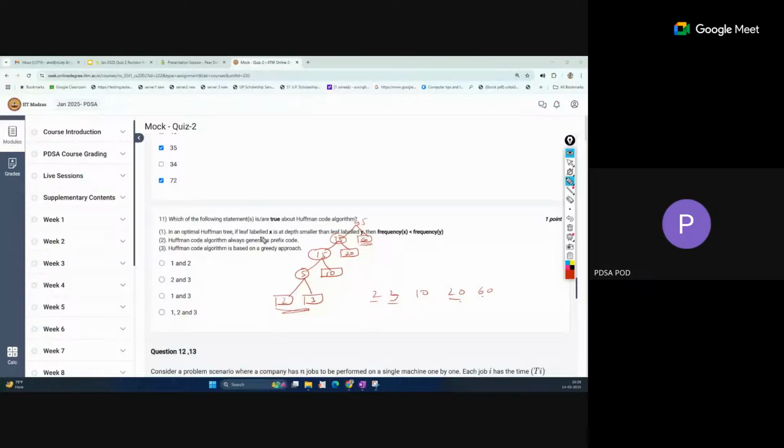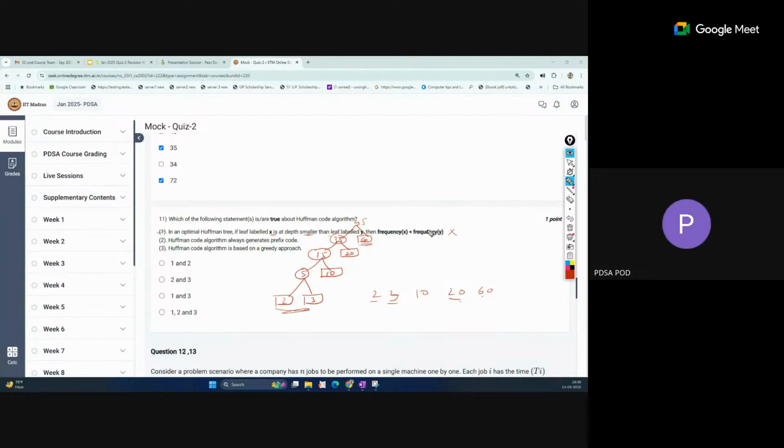So here you can see the first option: in an optimal Huffman tree, if leaf labeled x has depth smaller than leaf labeled y, then the frequency of x is higher. So I think this option is not correct, this is the invalid answer.